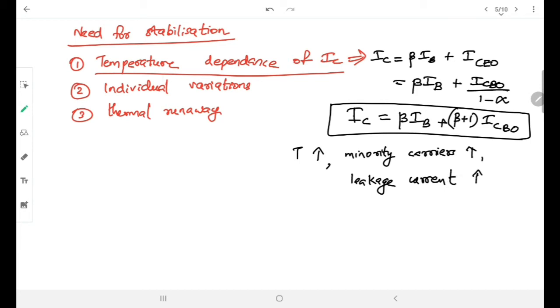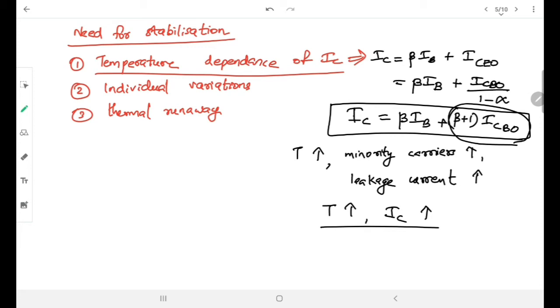So as minority carriers are increasing, we have more leakage current. That means this term beta plus 1 ICBO is increasing, or ICBO is increasing. So this causes the IC to change. So we can say that when temperature increases, IC increases.